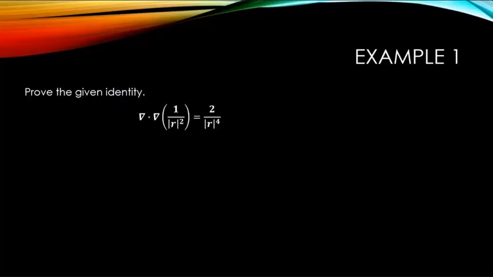I want to prove the identity that del dotted with del applied to 1 over the magnitude of r squared is equal to 2 over the magnitude of r to the fourth. First, I want to use the quotient rule.